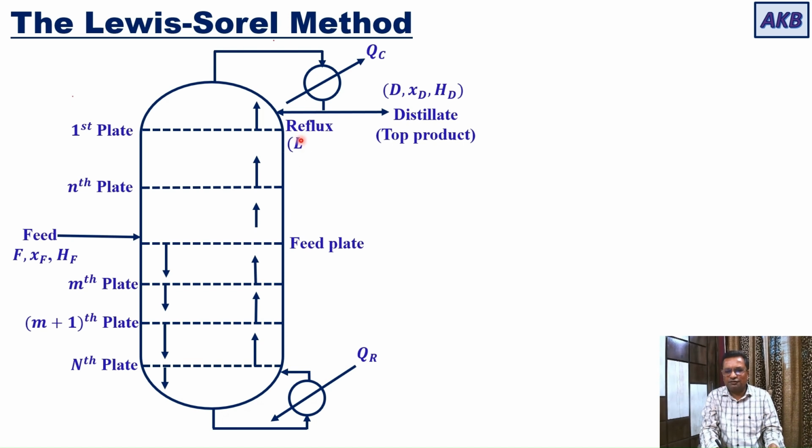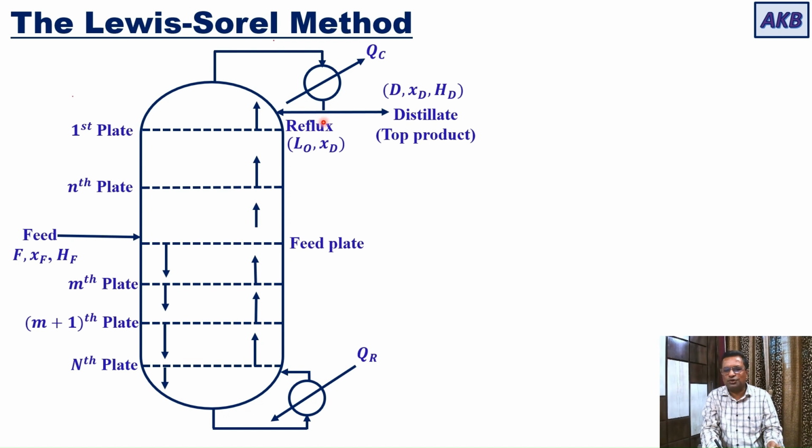Then the reflux stream that is going back to the column will be admitted at the molar flow rate of L0, and the mole fraction of the more volatile component in the reflux will also be XD. Even the enthalpy of the reflux will be the same as that of the distillate, because after condensing there is simply a division of the stream.